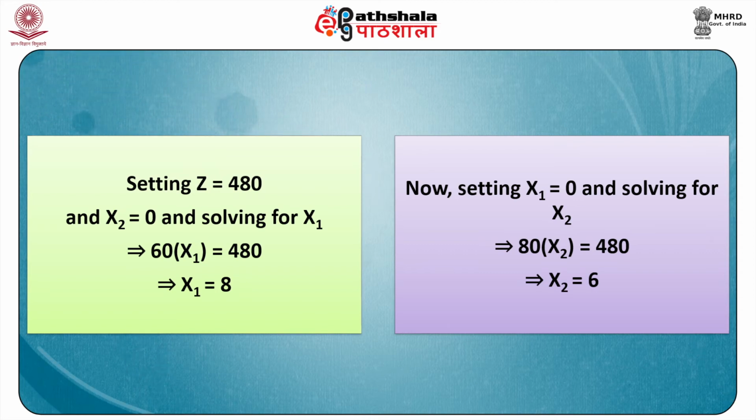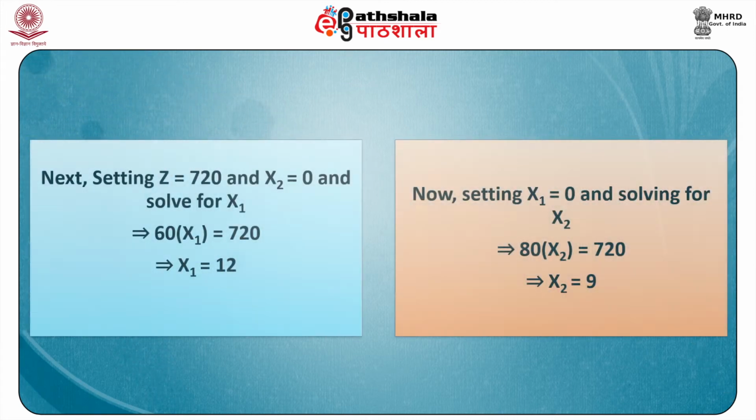Now setting x1 equal to 0 and solving for x2, we get 80x2 equals 480 or x2 equals 6. Next, setting z equal to 720 and x2 equal to 0 and solving for x1, we get 60x1 equals 720 or x1 equals 12.